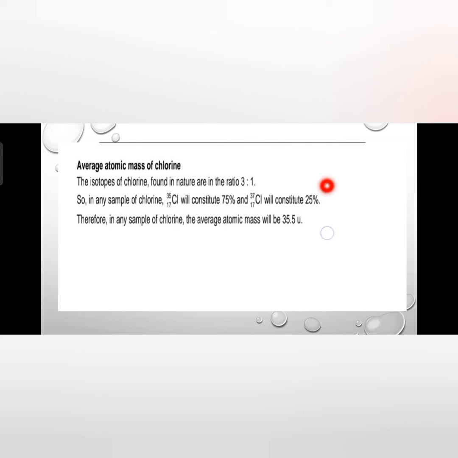So these isotopes are in the ratio of 3:1 respectively. Thus, the average atomic mass of chlorine is calculated as 35 multiplied by 3 plus 37 multiplied by 1, divided by 4, as the ratio is 3 and 1. So the resulting atomic mass of chlorine is 35.5.